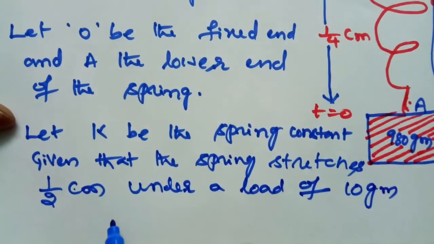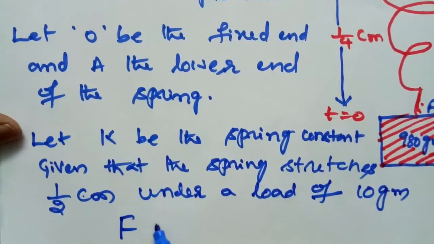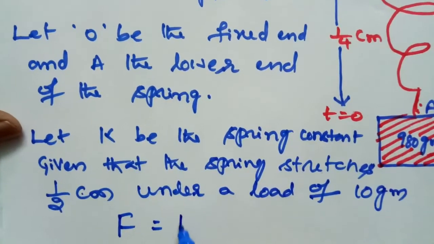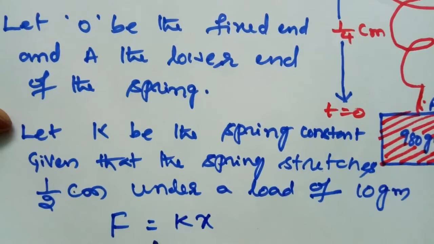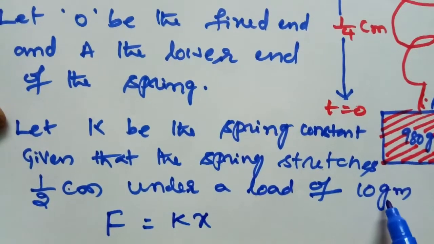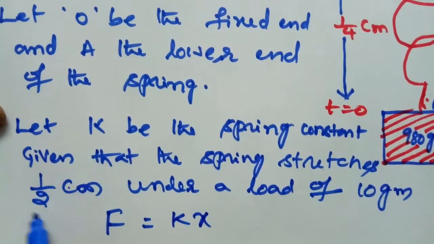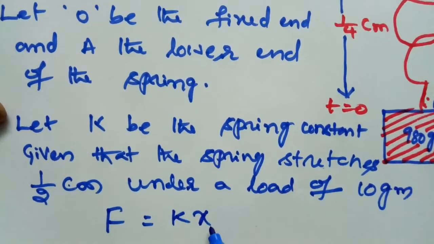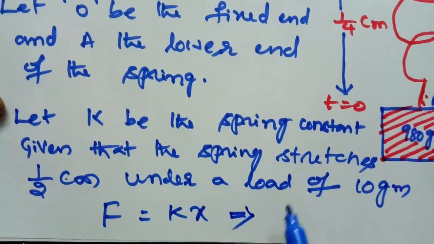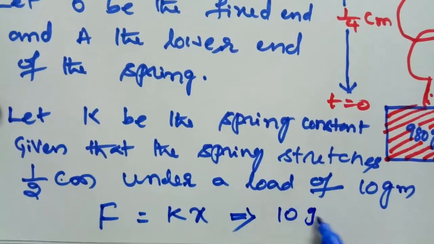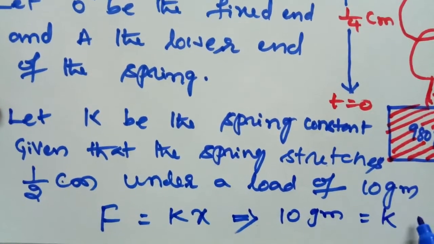Therefore, spring force F is equal to K into X. Here, force is the load 10 grams and X is the stretch of the spring, half a centimeter, X equal to 1 by 2. This implies F, 10 grams, is equal to K into half centimeter.